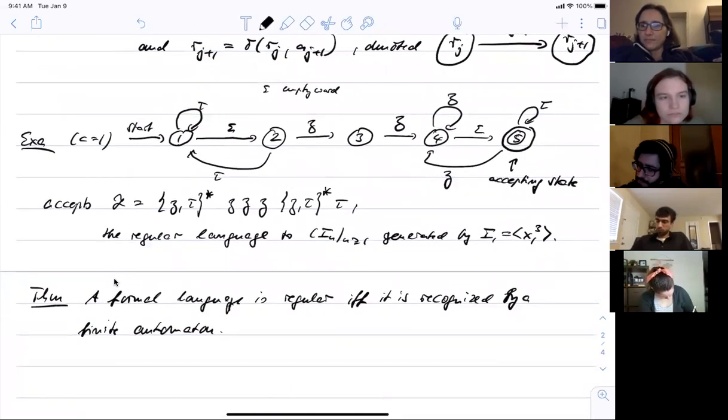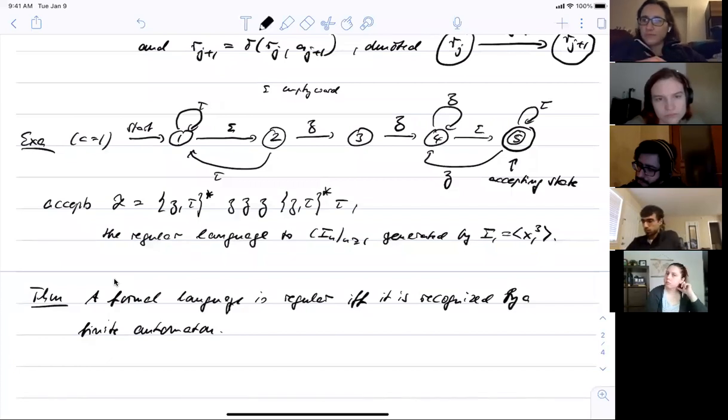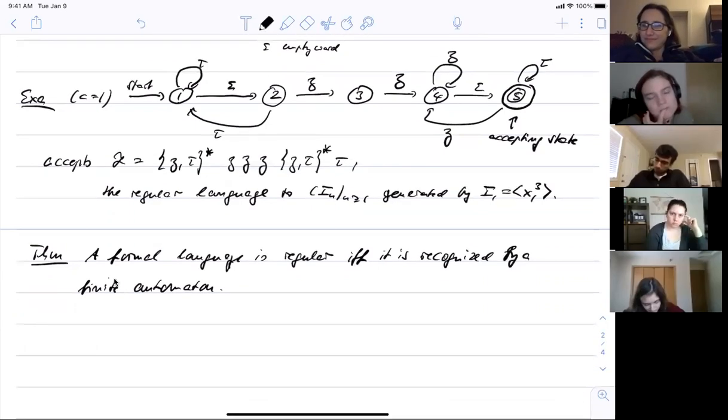We have already seen that we can always associate to our ink invariant sequence a regular language. And now this tells us that to a regular language, we can associate a finite automaton.